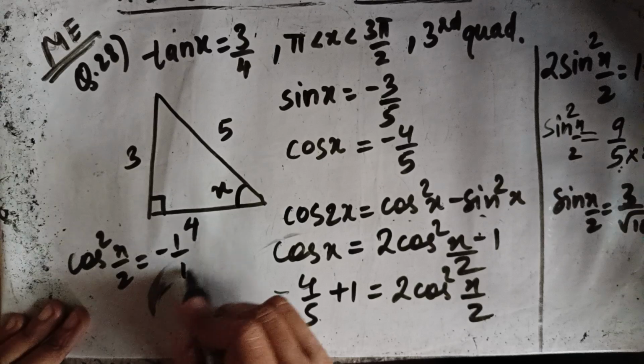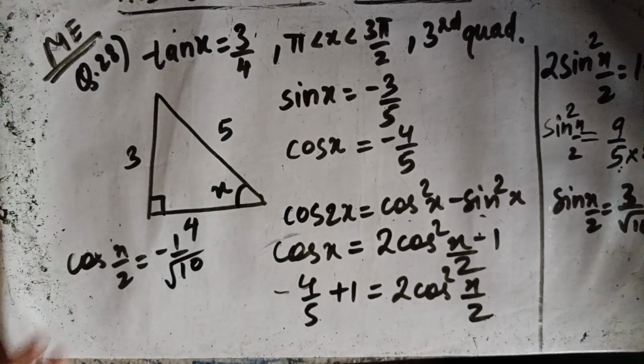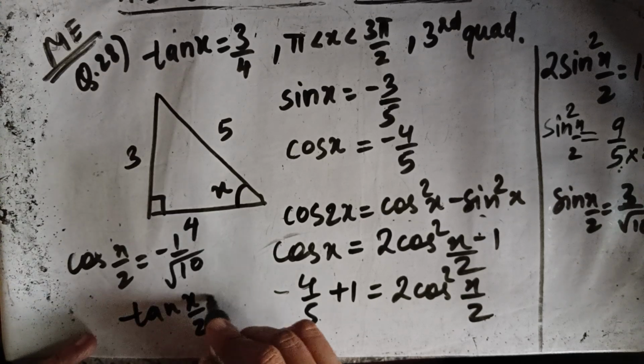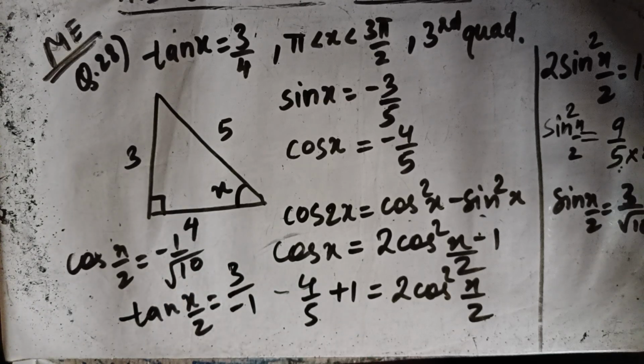So this is 10, so cos x by 2 is minus 1 by root 10. And for tan x by 2, you have to do sin x by 2 upon cos x by 2. So it will be 3 upon minus 1, so minus 3.